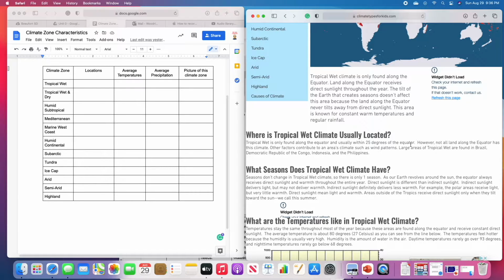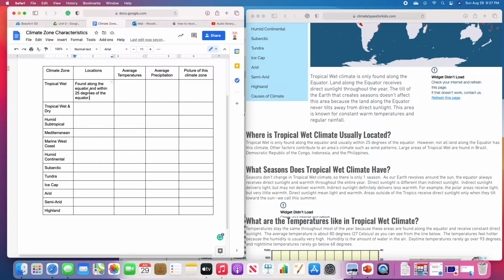We're going to put in this first sentence: tropical wet is usually only found along the equator and is usually within 25 degrees of the equator. Now, we don't have to write the entire sentence, but just the main points. Also, we need to know the countries that have a tropical wet climate, such as Brazil, Democratic Republic of the Congo, Indonesia, and the Philippines.